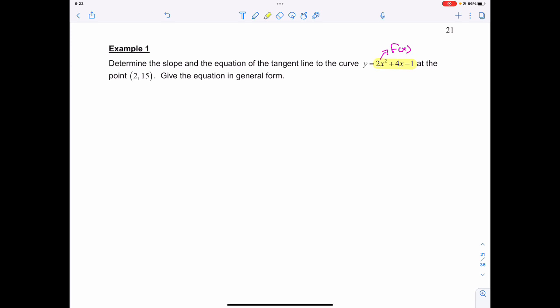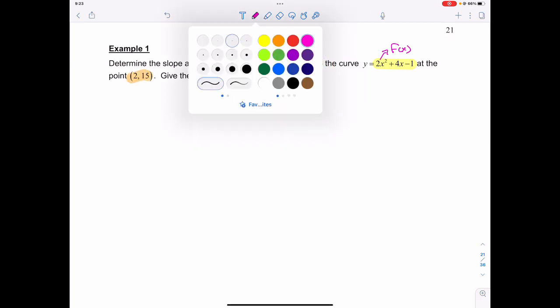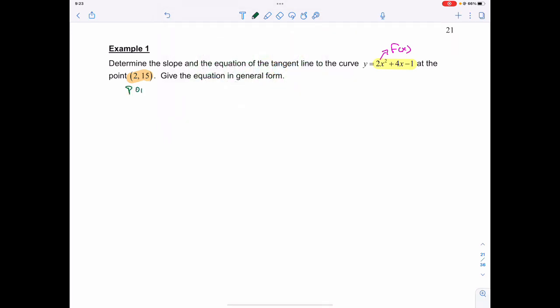It's asking for this at the point 2 and 15, which is, as we already know, our point of tangency, which represents a and f of a. In this case, a is equal to 2 and f of a is equal to 15.